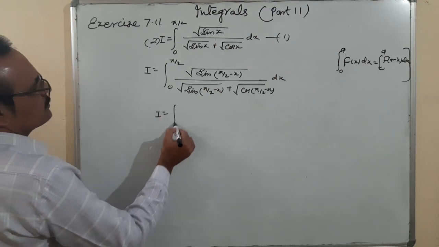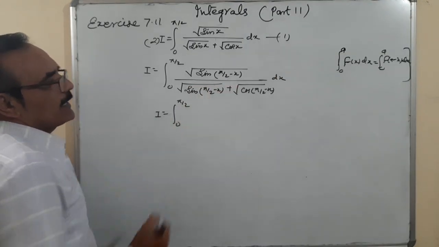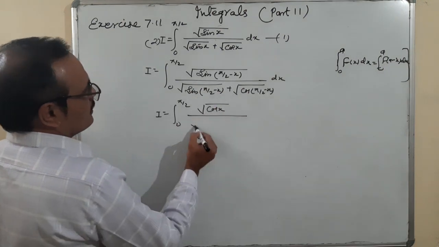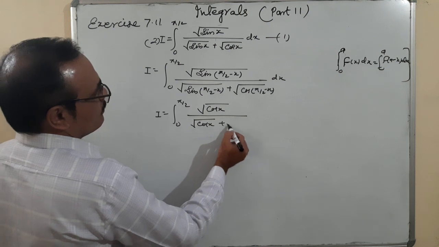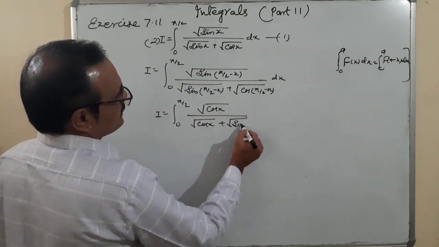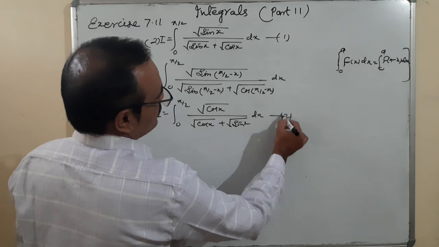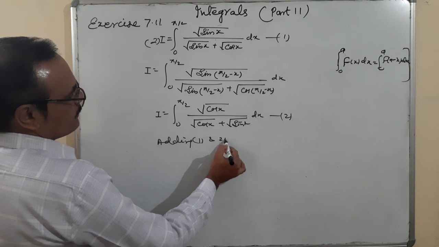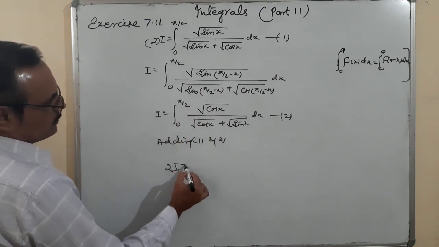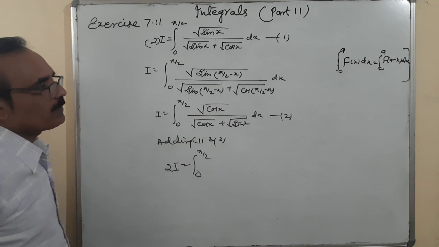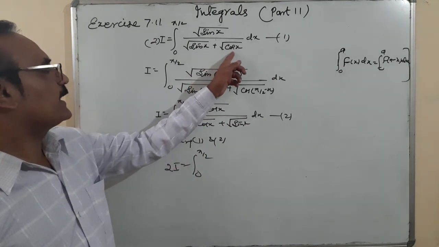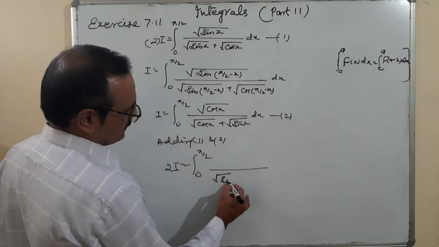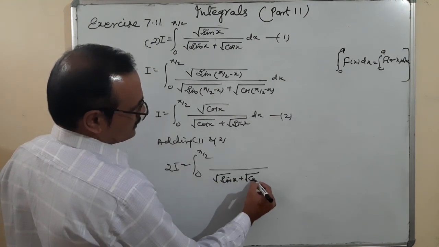I is equal to 0 to pi by 2. Sin of 90 minus theta is cos theta, so root cos x upon under root cos x plus under root sin x, since cos of 90 minus theta is sin. Equation number 2. Same thing, adding 1 and 2. So I plus I, 2i is equal to 0 to pi by 2. The denominator is the same, root sin x plus root cos x.